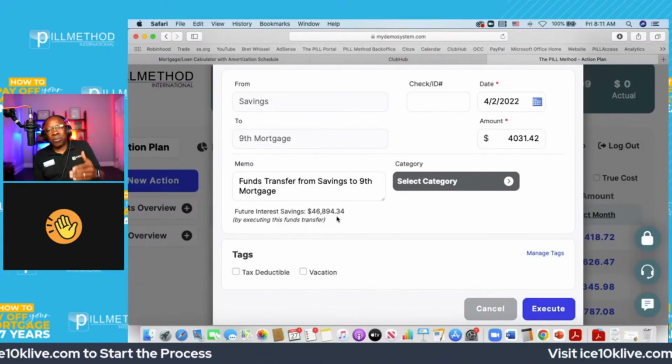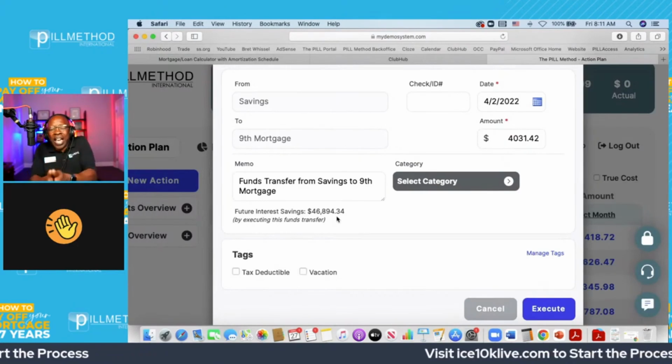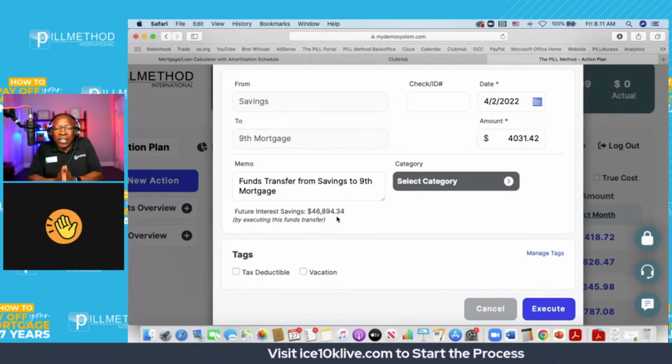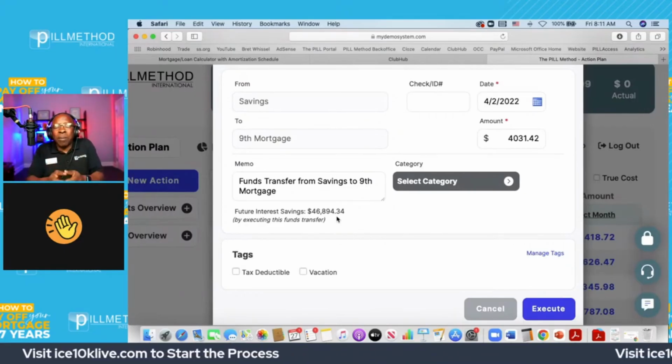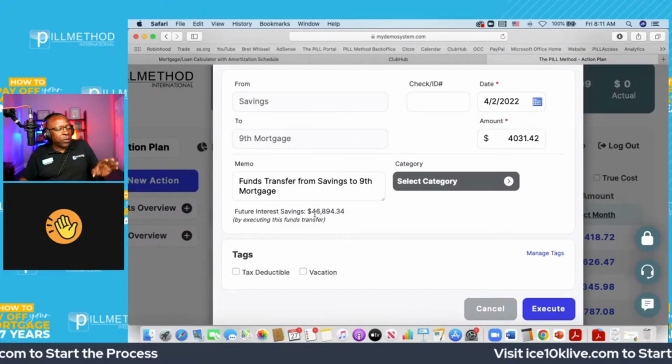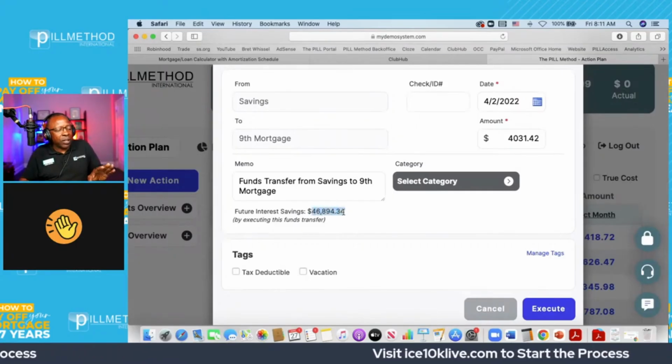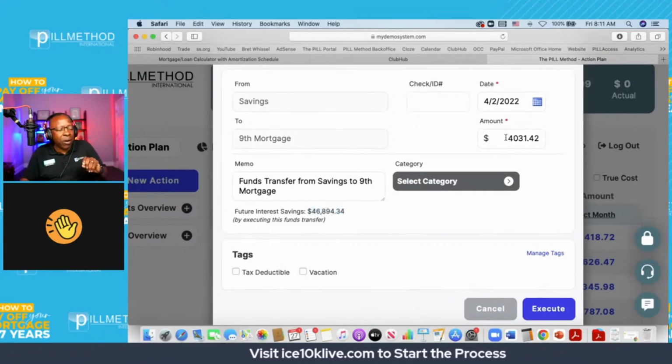But if he gives it to the bank, it disrupts the bank's timing, giving the money he would have to give them anyway at the right time in the right amounts. He doesn't have to pay the $46,000 to get the same amount of equity.